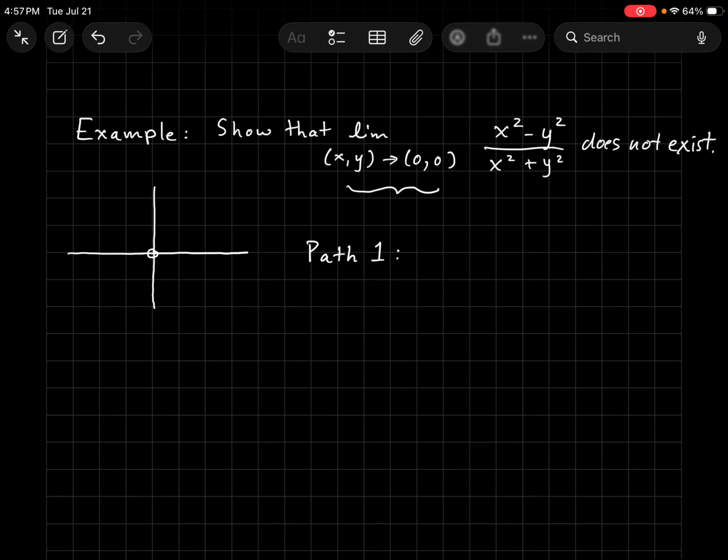So path 1 is, let's go down the positive x-axis towards the origin. This is a pretty standard path that I try. So maybe I have values of (x,y) that I'm plugging in, and then I'm going this way towards the origin. Notice that if I'm going down the positive x-axis, y always equals 0.